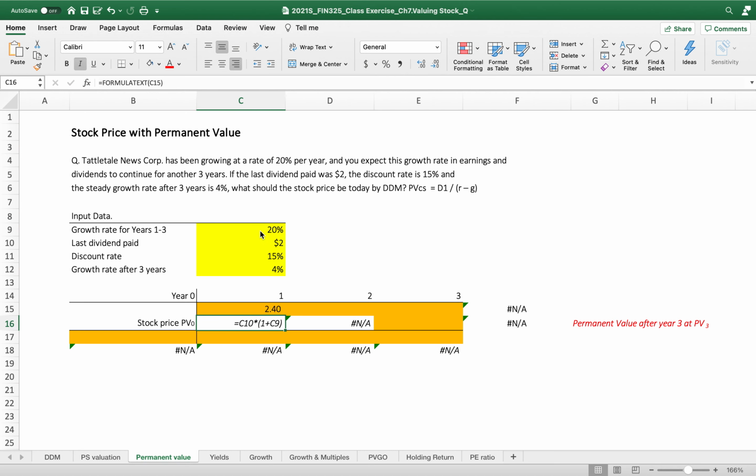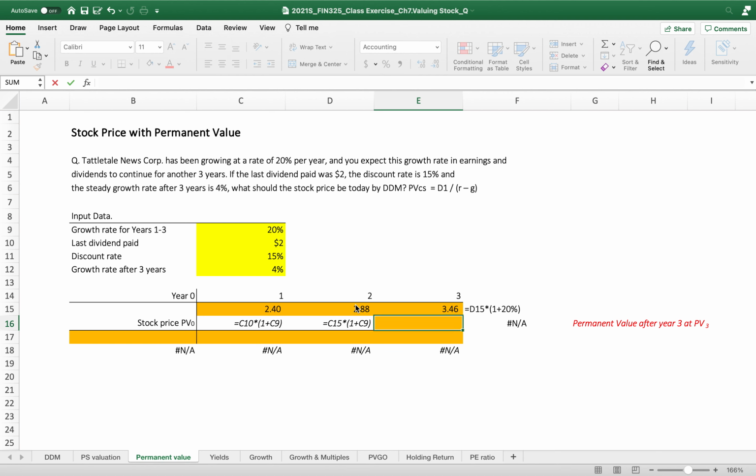So $2.4 is the expected dividend in year 1. And then this dividend is also increased by 1 plus 20% next year, so 2.88. And then year 3 also increases by 20% once again. So those are the dividends of years 1 to 3.